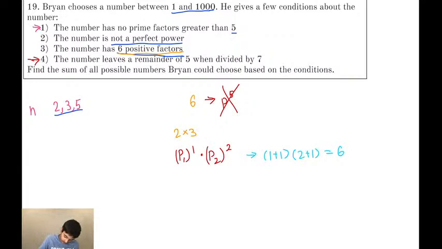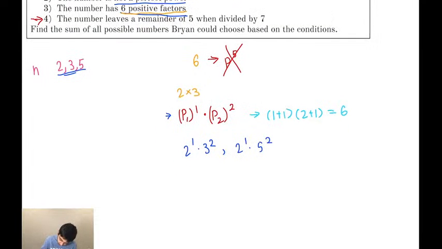And we have the condition here. Okay, so here, we can have 2 to the 1 times 3 to the 2, 2 to the 1 times 5 to the 2, since 2, 3, 5 are the prime factors. Or we can have something else: 3 to the 1 times 2 to the 2, or 3 to the 1 times 5 to the 2.